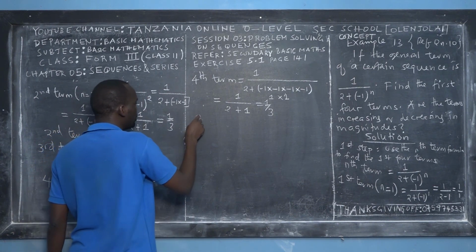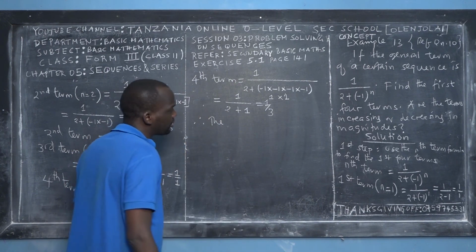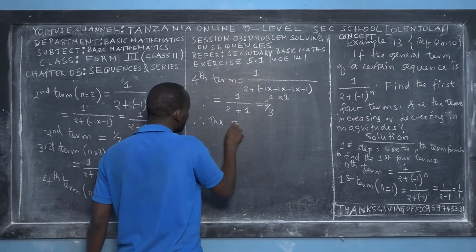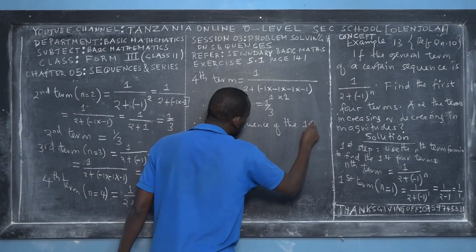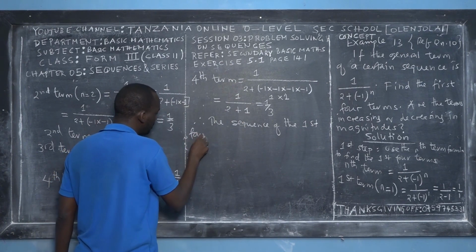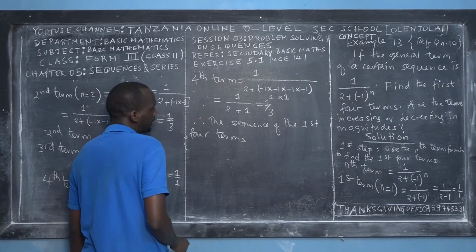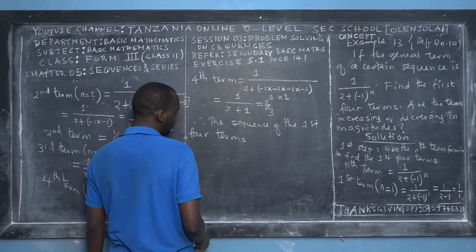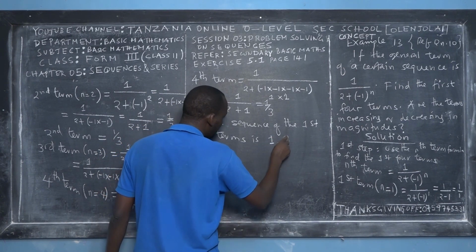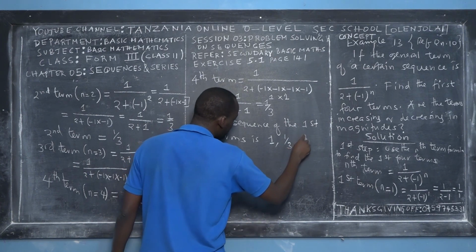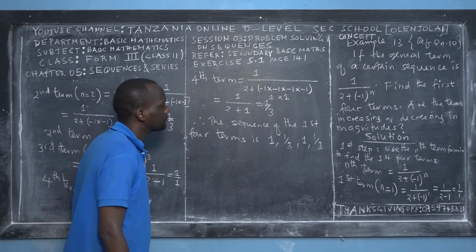Right? So therefore, because the question asks you to find the first 4 terms, we say the sequence of the first 4 terms. You have to learn how to be accurate in writing the terms. The first 4 terms are 1, which is the first term, 1/3, which is the second term, 1, which is the third term, 1/3, which is the fourth term.